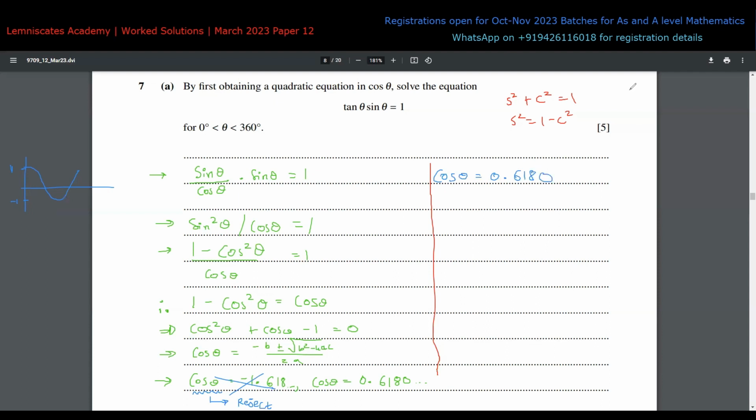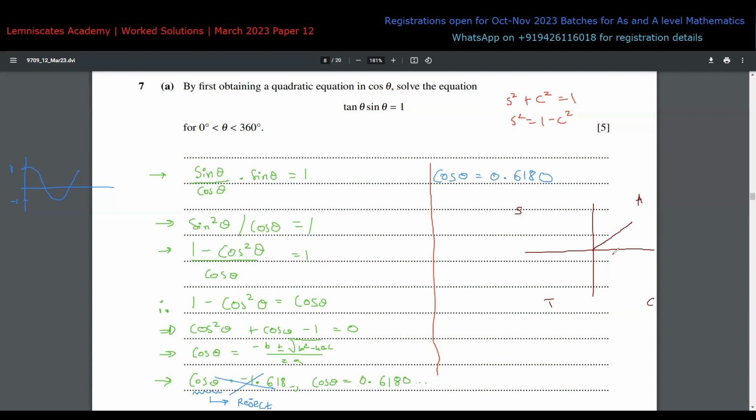So cos theta is equal to 0.6180. Now you need to know how you can solve this; multiple techniques are there. I'll be using the CAST diagram technique. All right, so I always use this, okay? So here is my CAST diagram, where I know that cos theta is positive in the fourth and the first quadrant. Here everything is positive, over here only sine, over here only tan, and over here only cos.